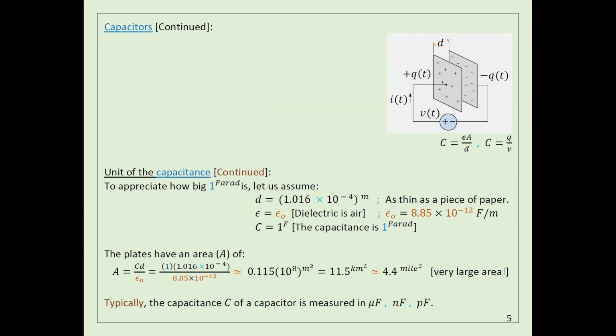That's why usually we use 1 milliampere. But 1 farad is a very big value. That's why all the capacitors usually we make in microfarad, nanofarad, picofarad.